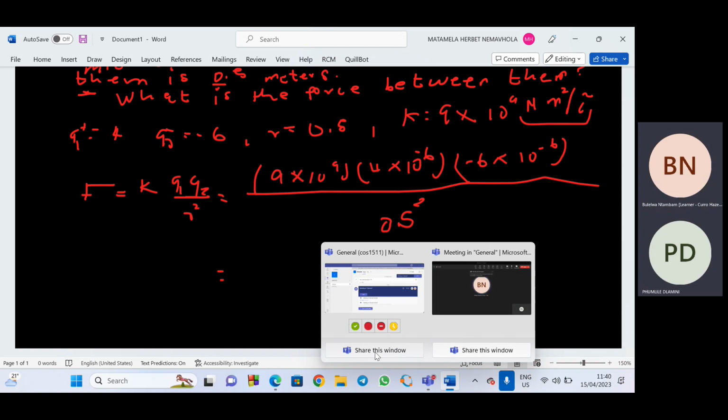Is it showing that it's sent to me? It's not coming, just resend it to me. Okay, yeah, I got it now.